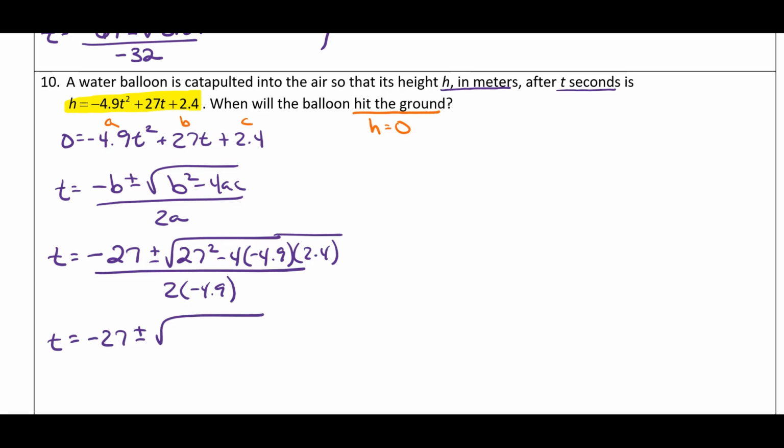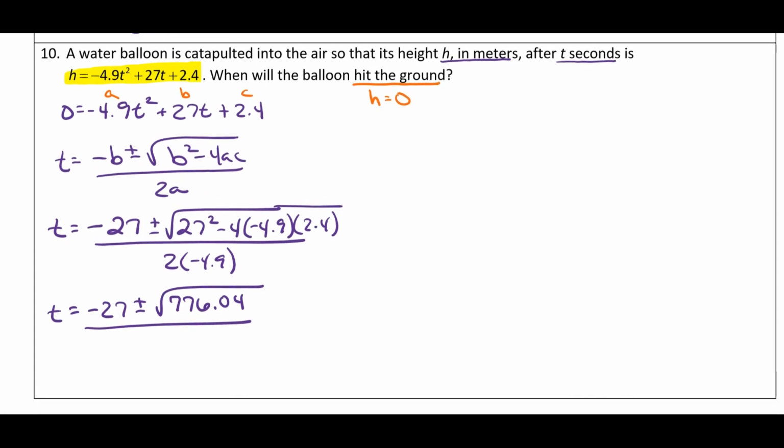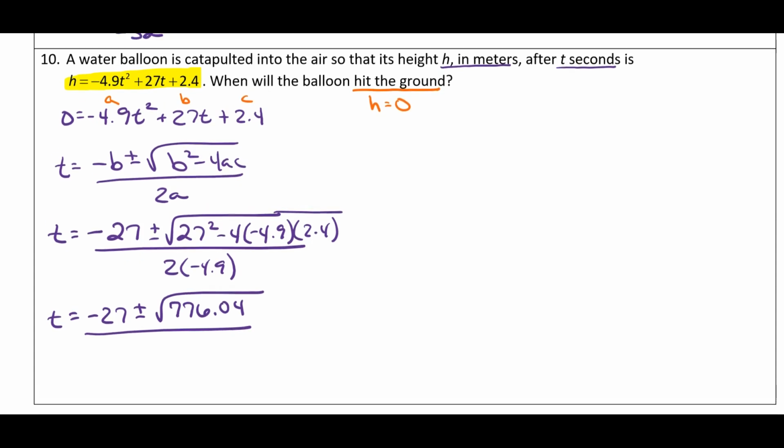Alright, again, typing this whole thing in my calculator. 27 squared minus 4 times negative 4.9 times 2.4. And I hope you're doing this with me. So we should get 776.04. Now, if I did it wrong, please let me know because we'll have to fix this video. Alright, 2 times negative 4.9 is negative 9.8.